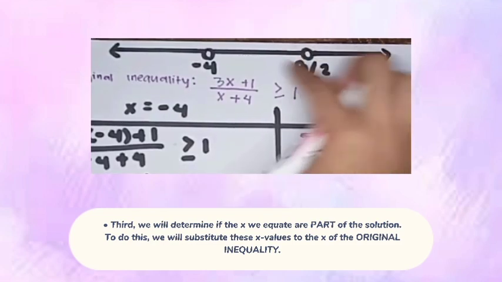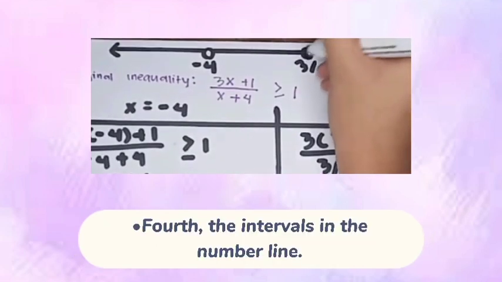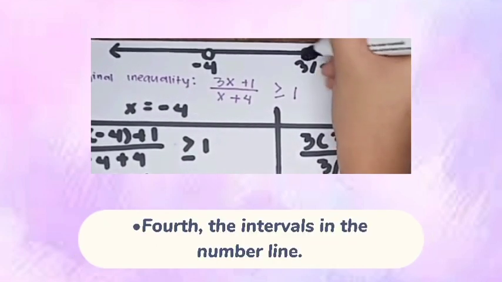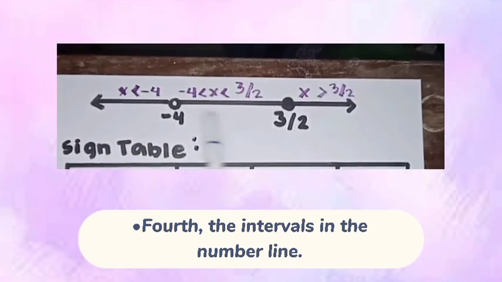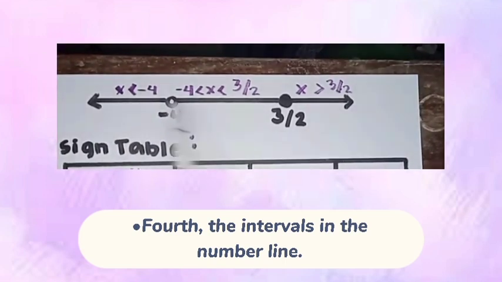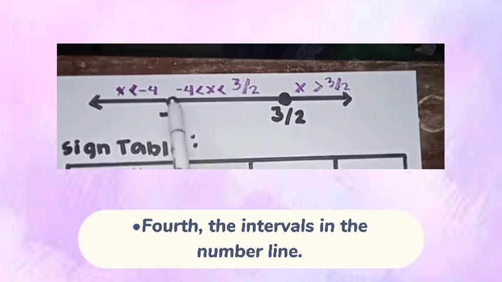Back to the number line, we are going to shade 3 over 2 since it is part of the solution. In our number line, actually, we have 3 intervals here. First, from this to negative infinity, x is less than negative 4.